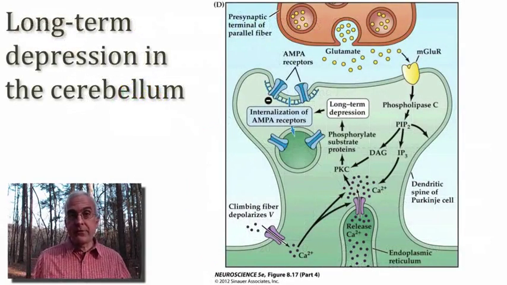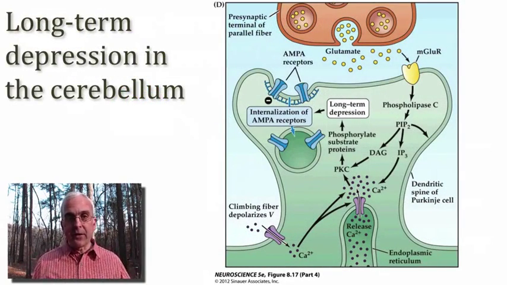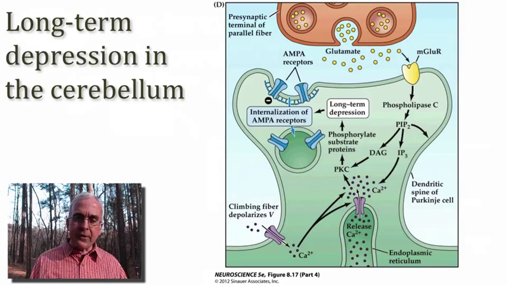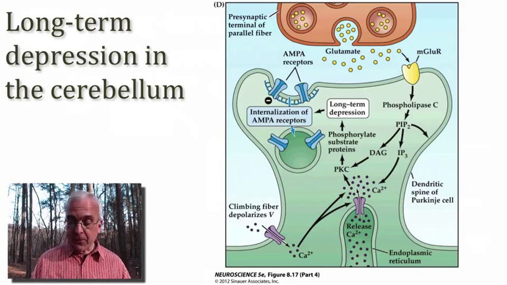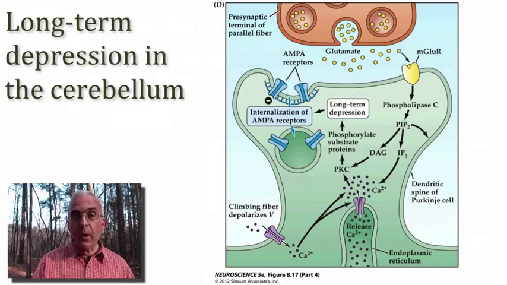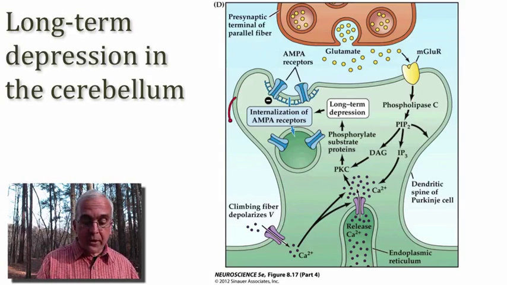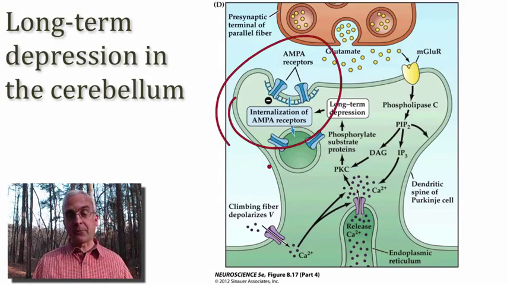The means by which this synapse is weakened should be somewhat familiar to you, although there are a few surprises in the metabolic cascade that leads to activation of these synaptic connections and the weakening of this synapse. The part that should be familiar to you is the notion that one way to weaken a synapse would be to internalize AMPA receptors.